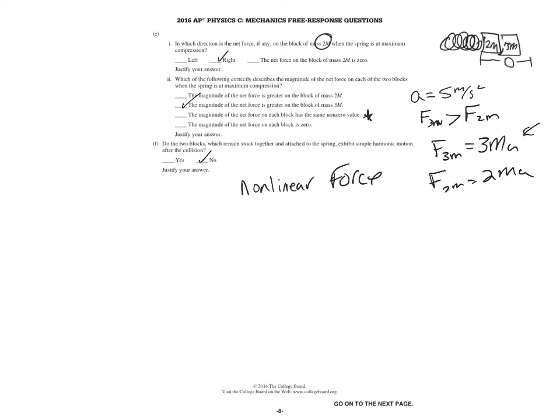Since the force is equal to negative bx cubed, it's not going to result in harmonic motion. Only a force that has a linear relationship to distance will result in harmonic motion.